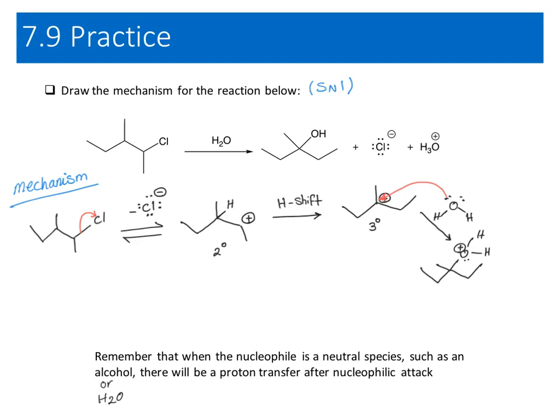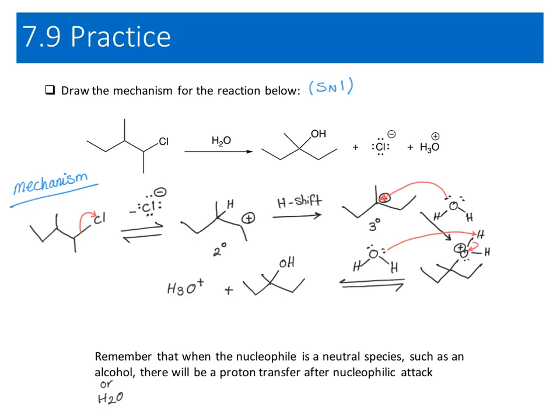So what will happen here is that another molecule of water will act as a base and removes one of the protons in this structure to form the desired product and the hydronium ion.